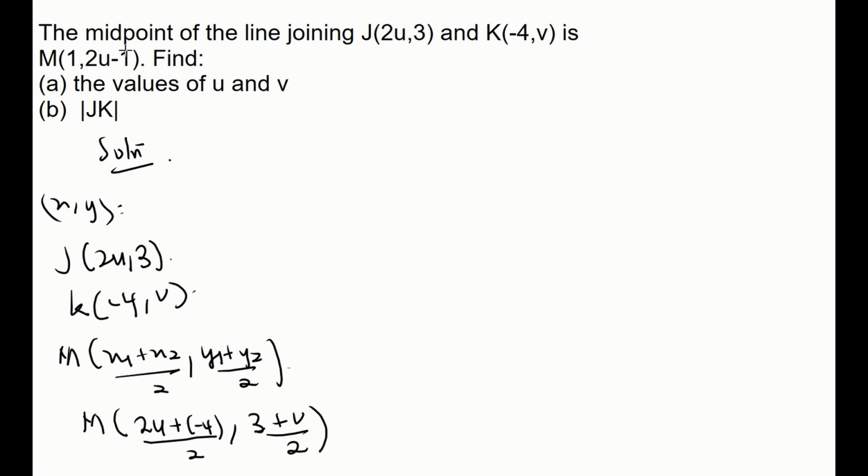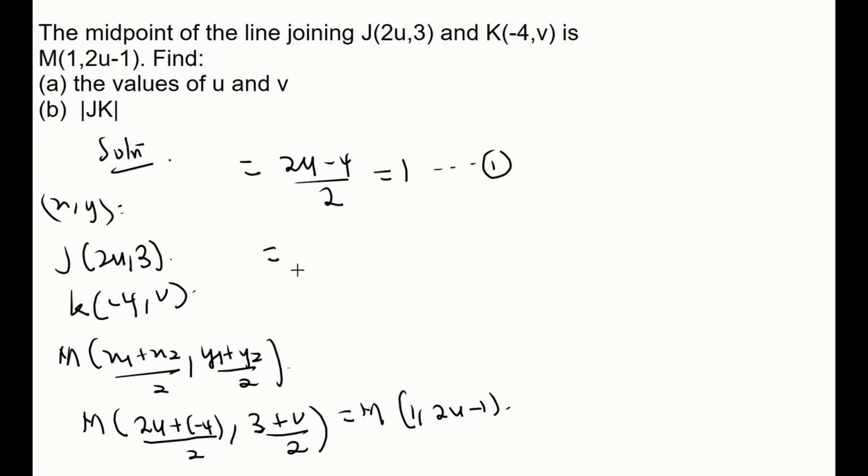But the solution has been given to us, which is equal to the same M, the midpoint, (1, 2u - 1). Then we can simplify this further. The corresponding points correspond to each other. That gives us (2u - 4) all over 2 should be equal to 1, and this can be our equation 1.